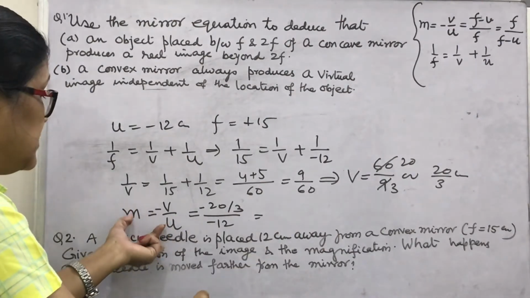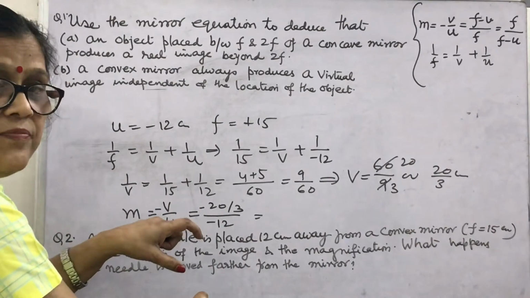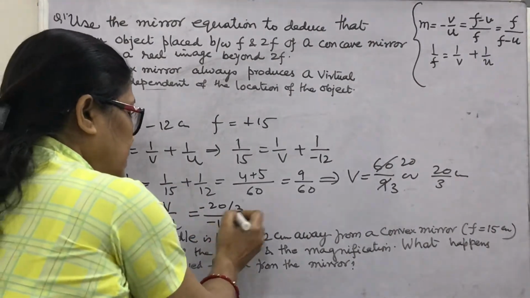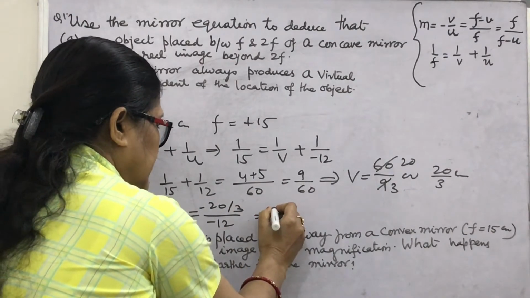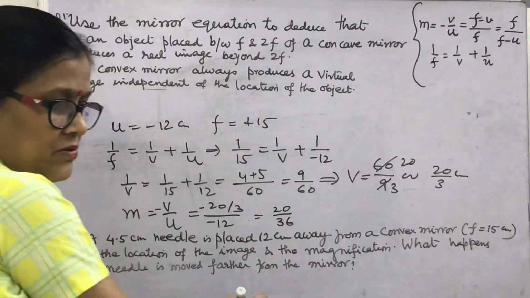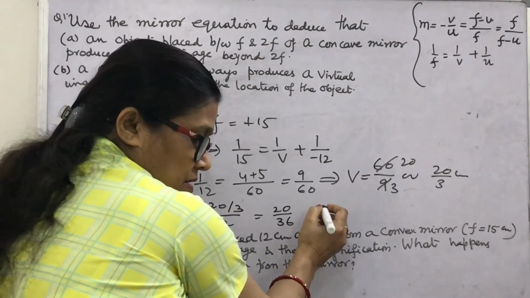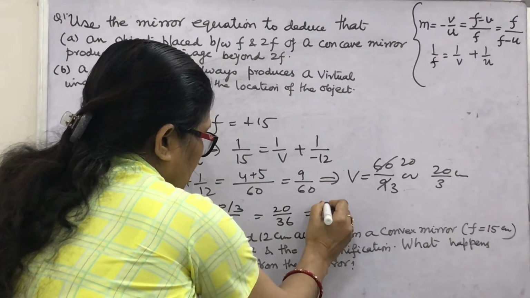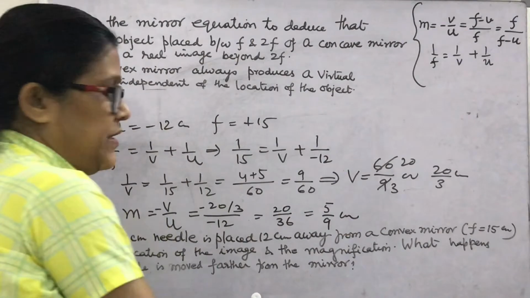Again I am saying, use this relation. Put the V and U with sign and you will get the sign of M. M is positive for virtual. What will you get here? This will be 20 by 36. So it will become 5 upon 9 centimeter.